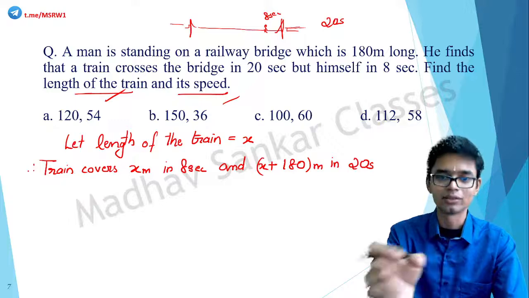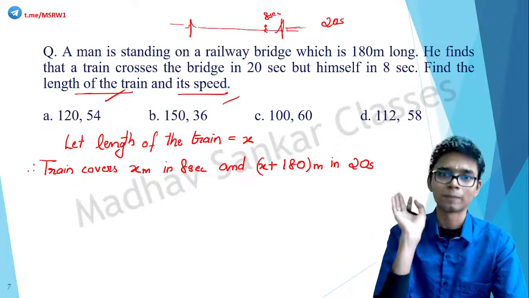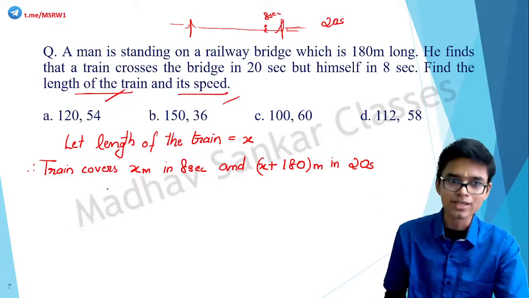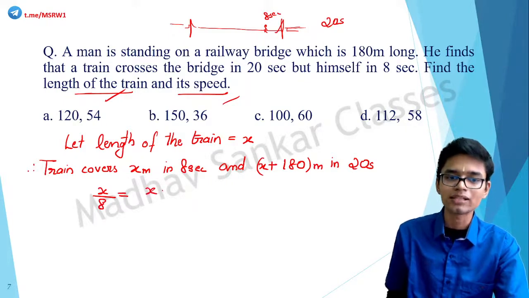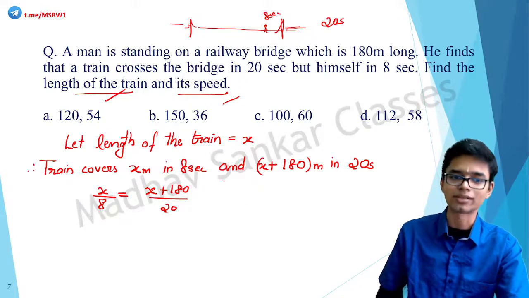Although the distance and time vary, the speed of the train is the same in both cases. What does that mean? It means x by 8 is equal to x plus 180 by 20. Distance by time is equal to distance by time. So that is, the speeds remain equal. Clear? From this, solve for x.